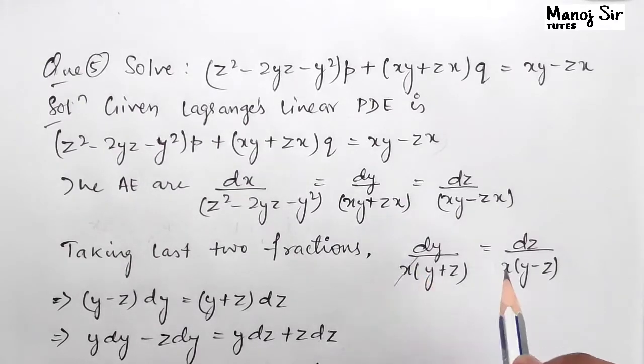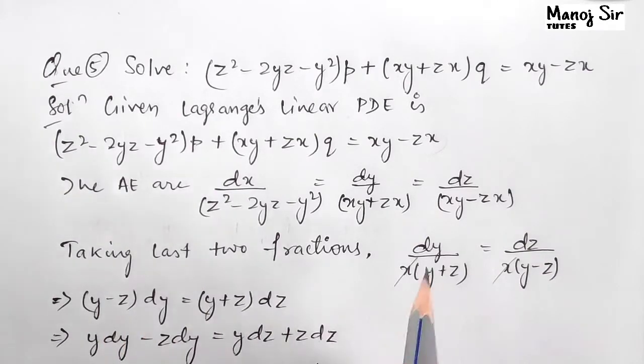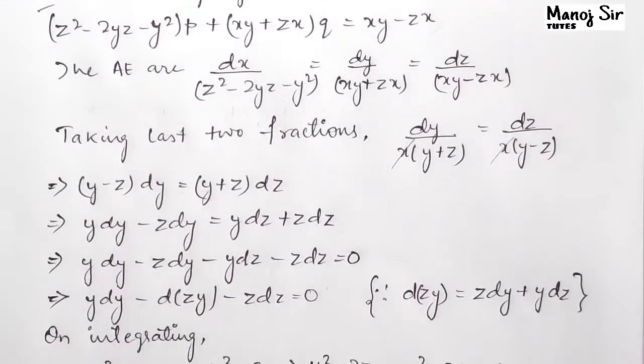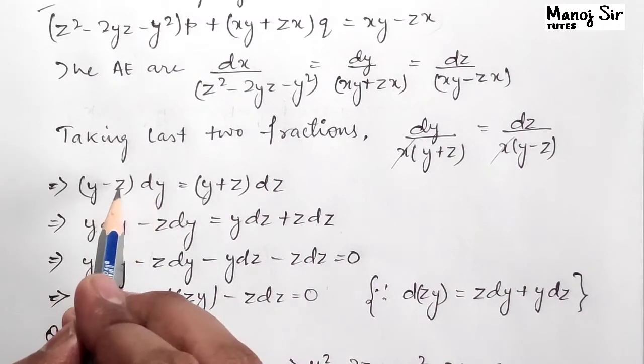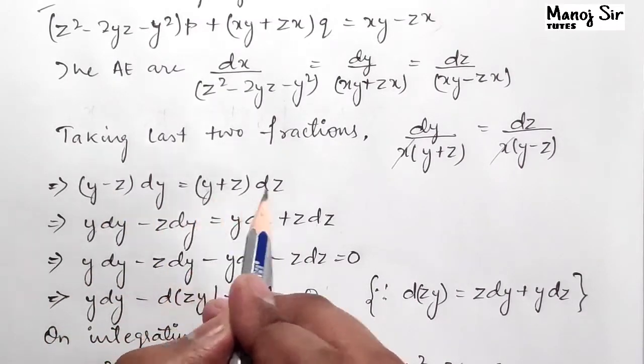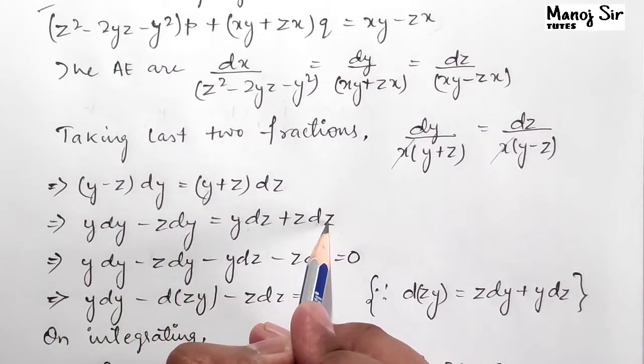Now x gets cancelled. Now cross multiply, you will get y minus z into dy equals y plus z into dz. Now simply open the bracket, and you will get y dy minus z dy equals y dz plus z dz.